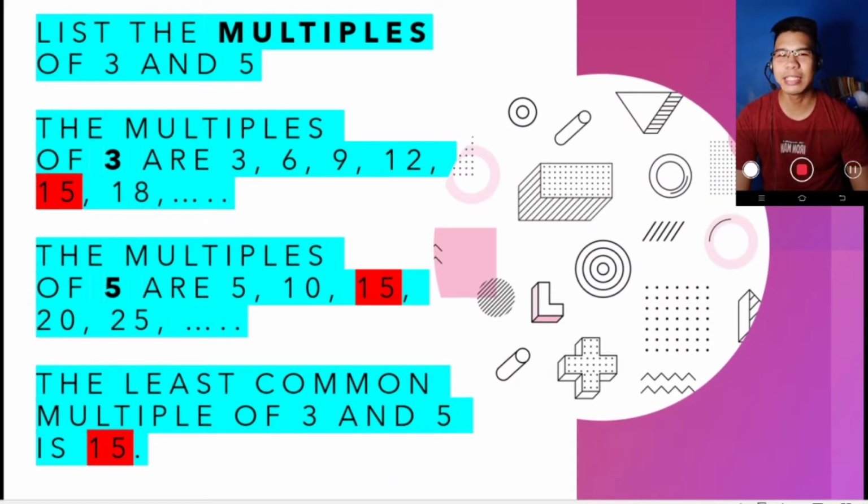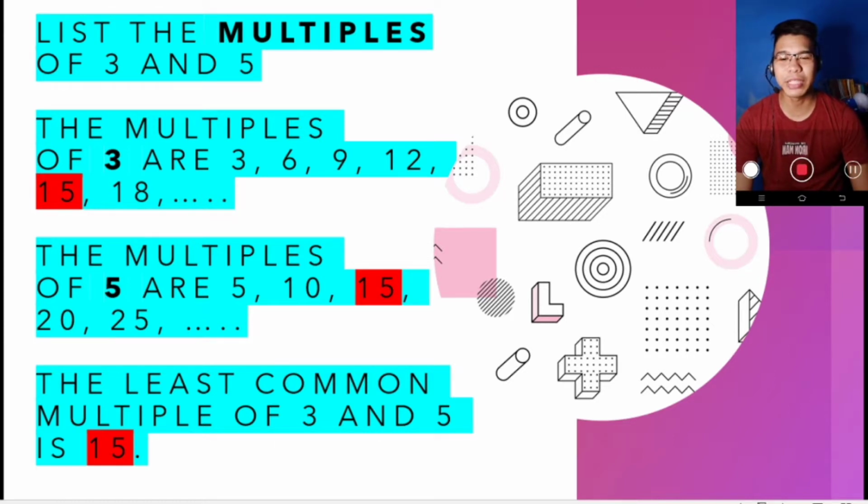Listing the multiples, let's say for example we are asked to find the least common multiple of 3 and 5. We first list the multiples of 3. How do we get the multiples of 3? By multiplying 3 by 1, 2, 3, and so on consecutively, and then we get the products, and those will be the multiples of 3.